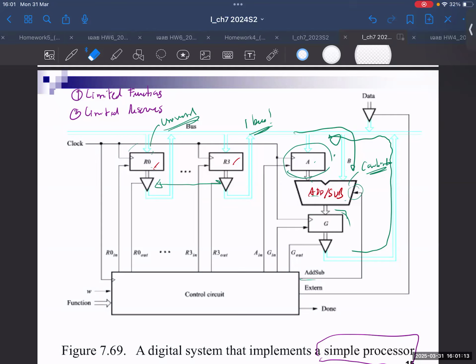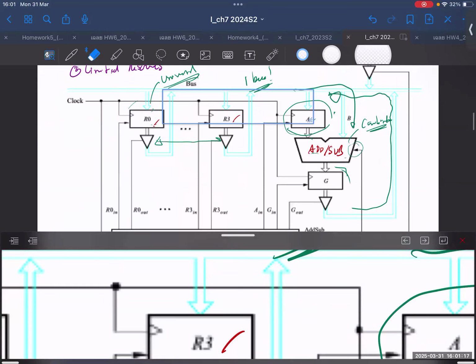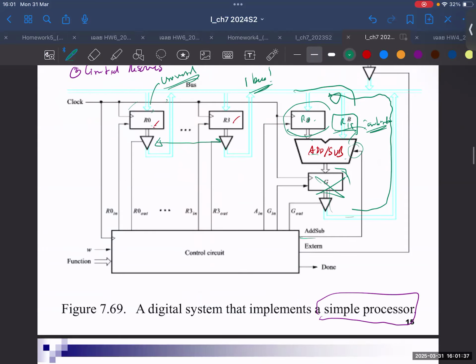Yeah, like I said before, you can actually do this too, right? If I put a B here, then I don't need this. Why? Because if I put it here, once I load R0 here and R1 here, then the bus is free. So in this case, I can let the data out and go store it at any place I want, because the bus is not used anymore. Understand?